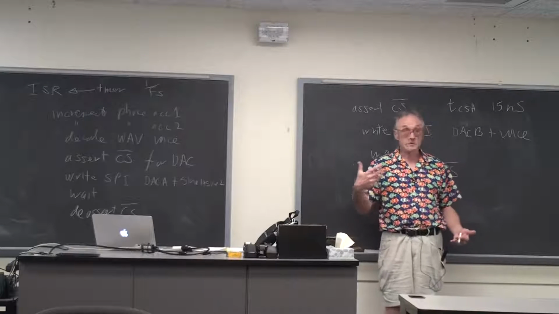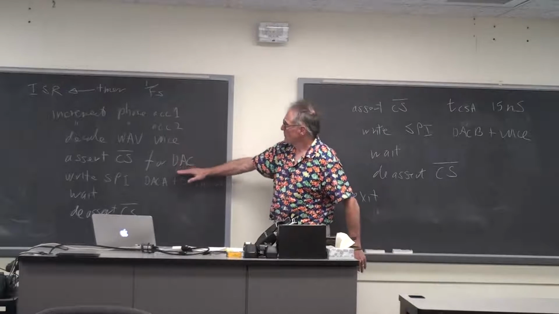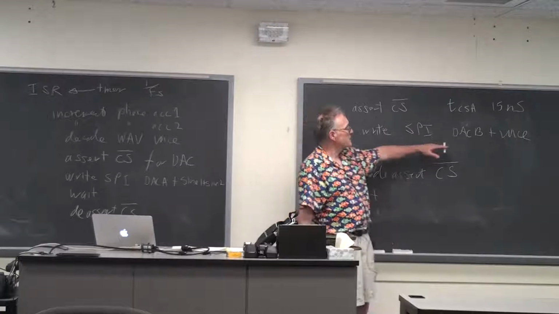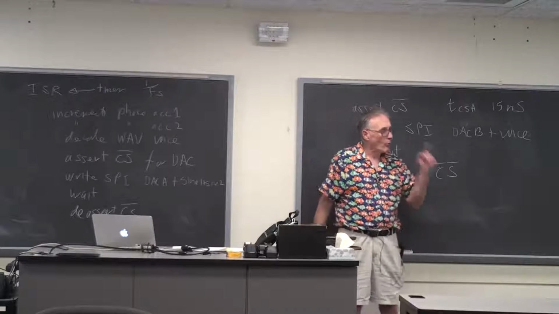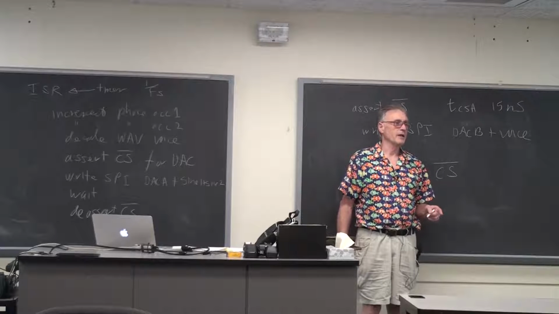You might say, well, I could write an interrupt service routine that runs at 10 kilohertz and updates channel A, and another one that runs at 8 kilohertz and updates channel B. That won't work, because you can only do one transaction at a time.